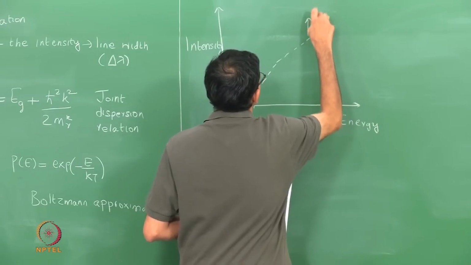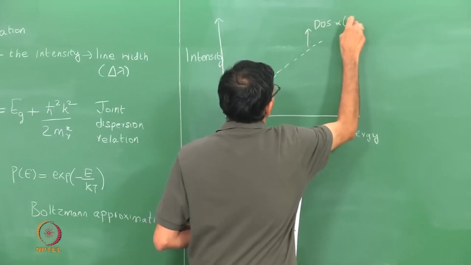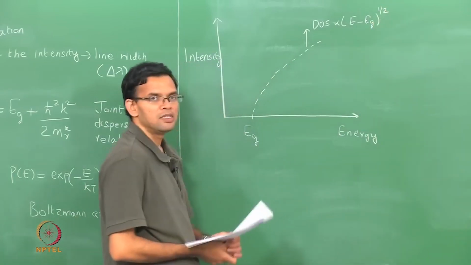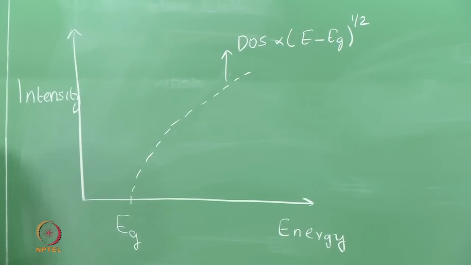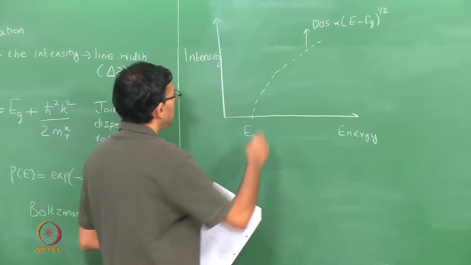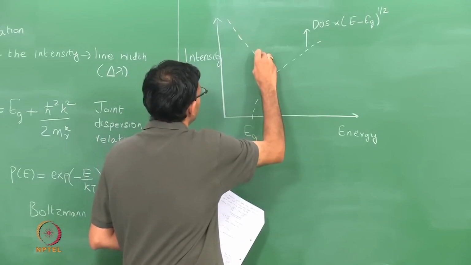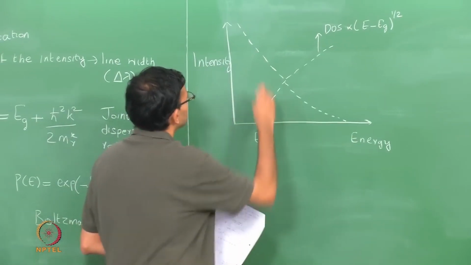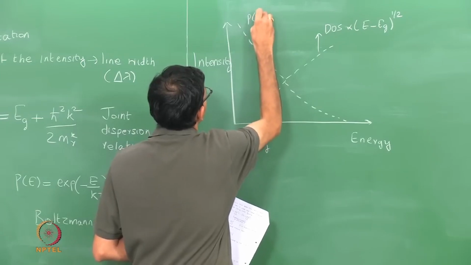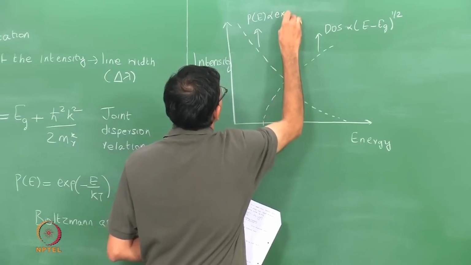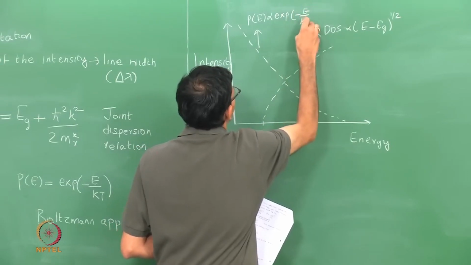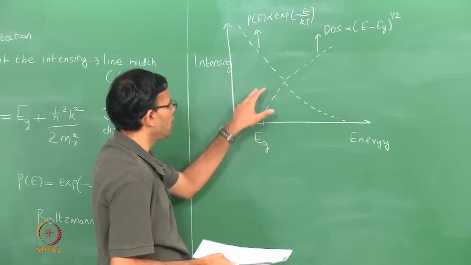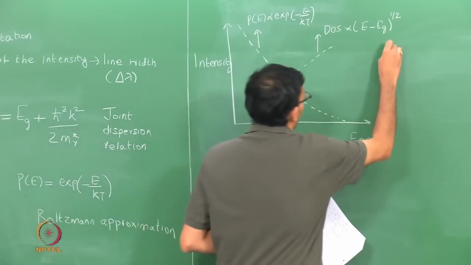So, this is the density of states, it is proportional to square root of E minus Eg. Then we have the occupation probability. We said that goes as a Boltzmann function, which means as the energy increases, the occupation probability decreases. So this is P of E, it's proportional to exponential minus E over kT.